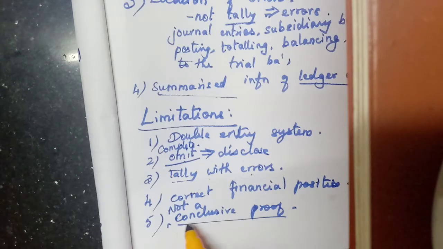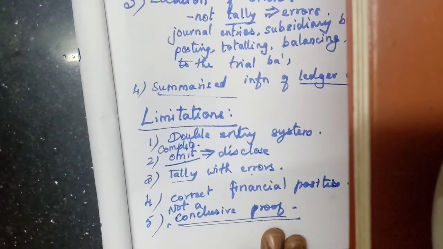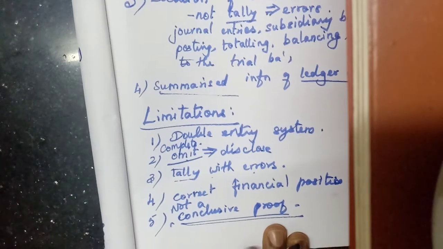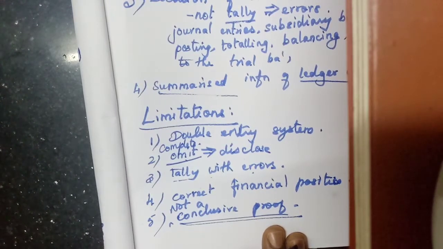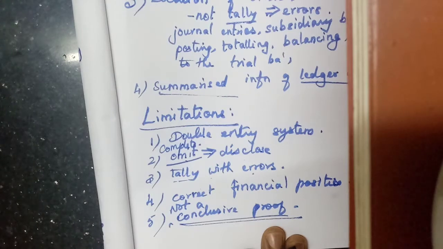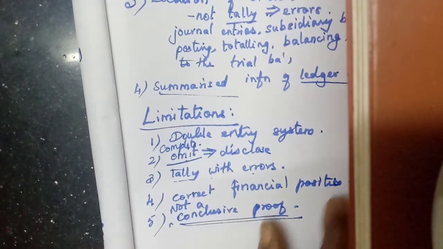Which type of error? Complete omission of any transaction or journal entry, or some compensating errors. Compensating error means that if we omitted a debit of 5,000 and the same credit of 5,000, it will get tally, but there is an error. So we cannot say the trial balance is the conclusive proof.